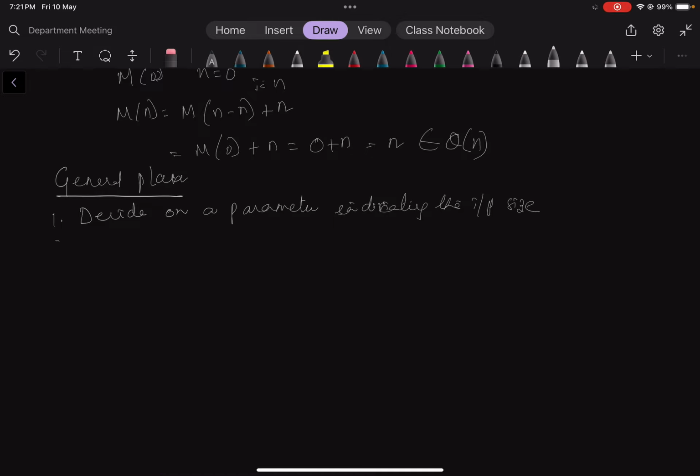Then next, like whatever we have done for non-recursive algorithms, identify the algorithm's basic operation.